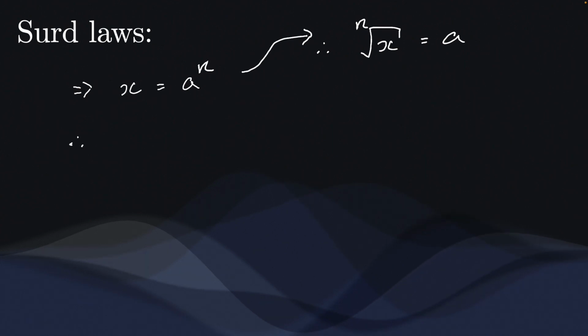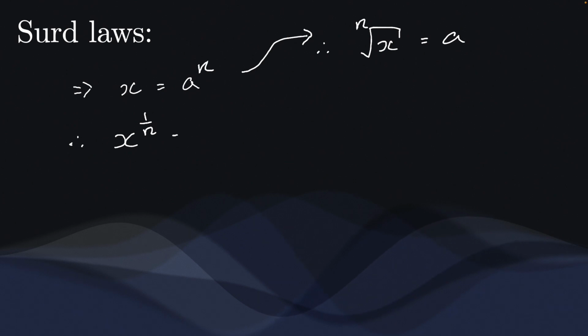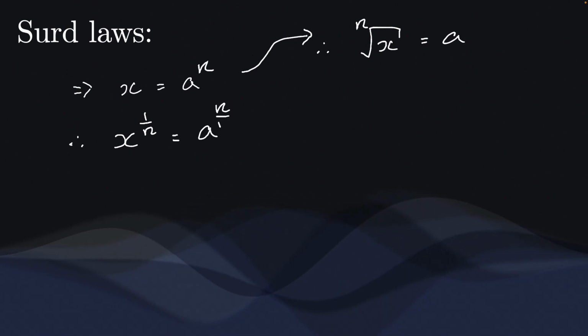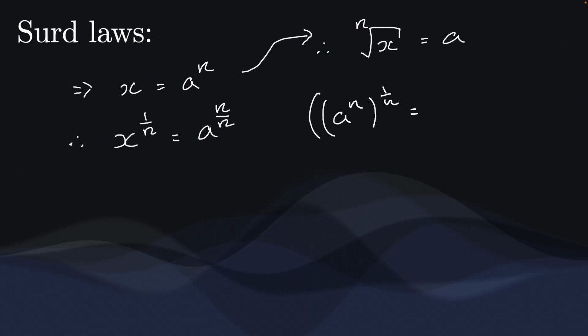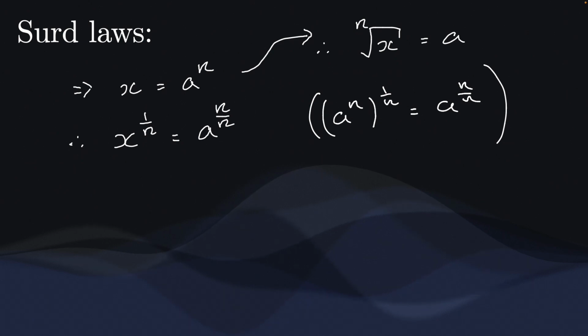So therefore, what we can say is x to the power of 1 over n is equal to a to the n divided by n, because we have a to the n times 1 over n. It's just a to the n over n from our previous rules, remember?